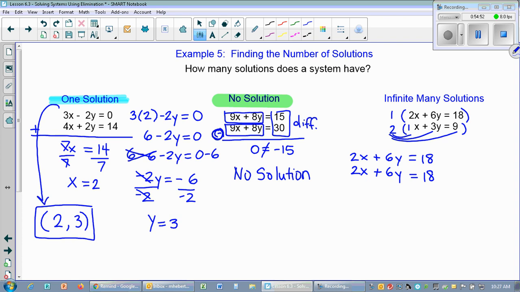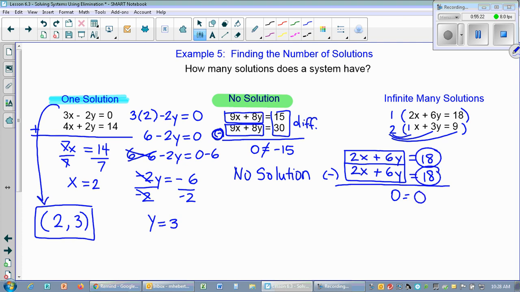So when your equations are completely identical to one another, with the same coefficients of 2 and the same coefficient of 6, just like the problem we had a second ago, when the first equation and the second equation have identical x's and y's, when you subtract, they eliminate, giving you 0. But unlike the second system, 18 minus 18 is also 0.